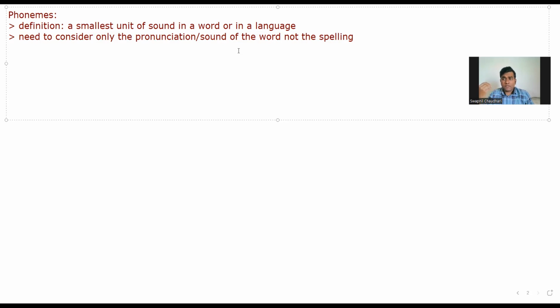Other words, like school. There are people who pronounce school as e-school, or any other word that starts with the s sound. They are going to use that e sound at the initial stage.